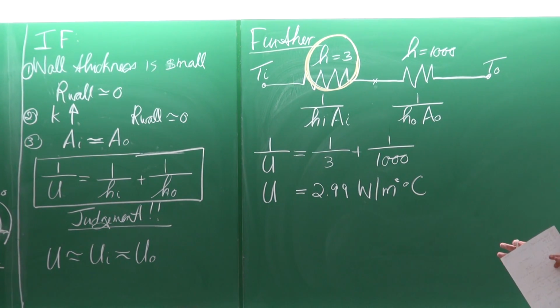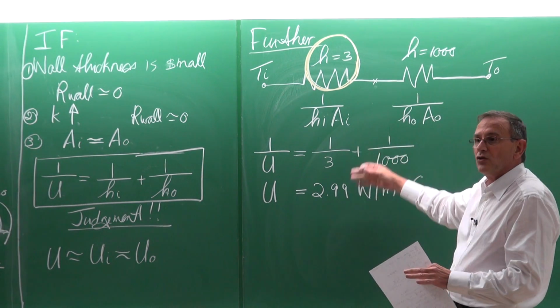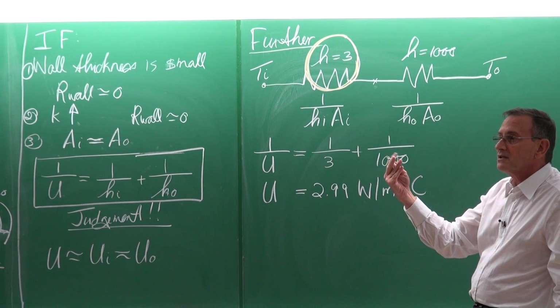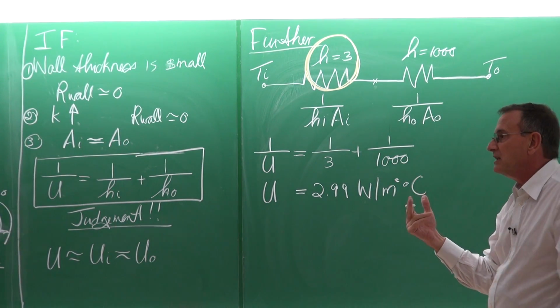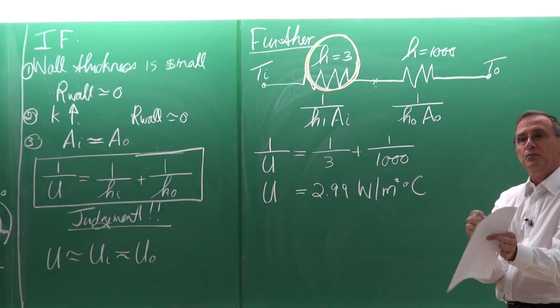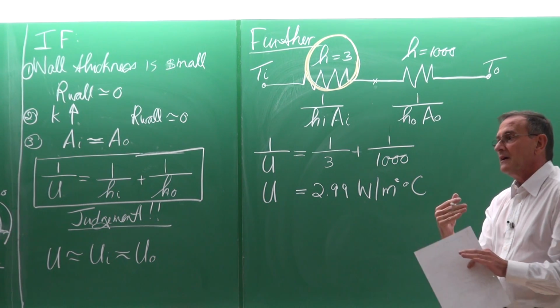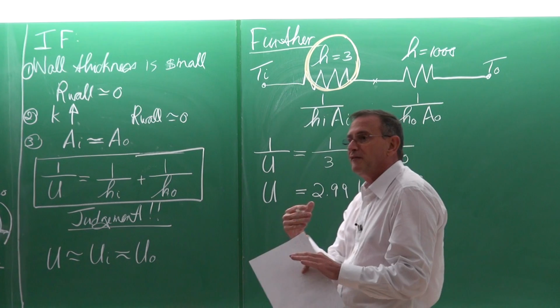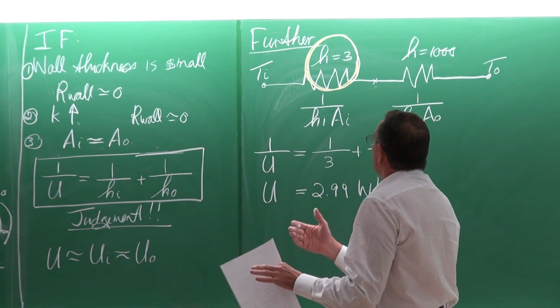Thus, if you have a case like this, and you can enhance the heat transfer, and normally there are two methods, well, at least two methods that you can use to enhance the heat transfer of a heat exchanger like this. The one is you can change the surface area so that there's more surface area, and the other possibility is you put on fins, and fins also actually increases the surface area.